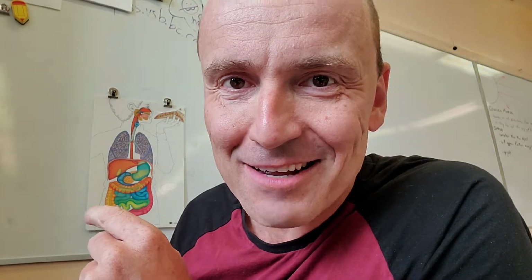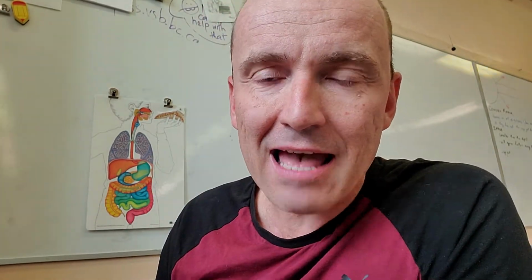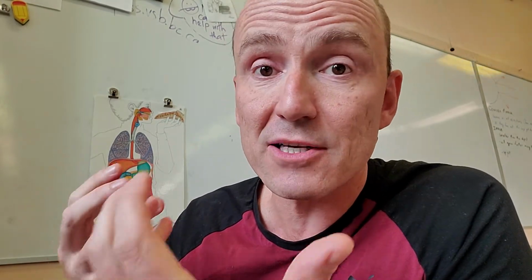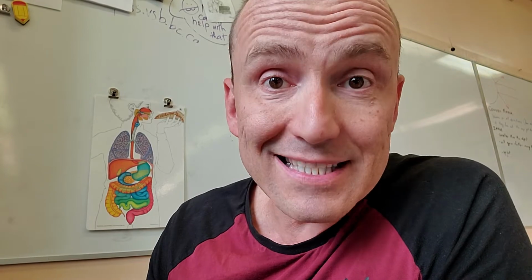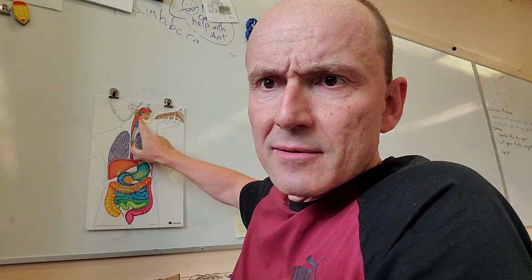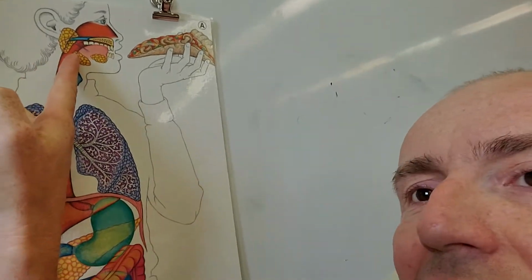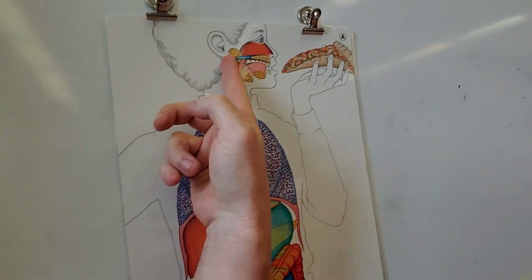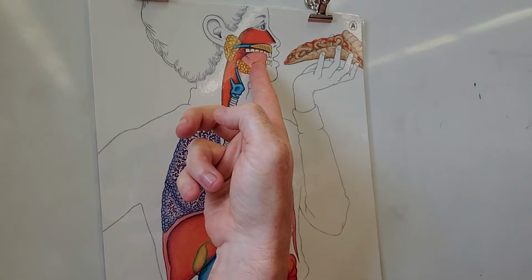Of an enzyme called salivary amylase, and both of these are secreted by special cells, special glands, called salivary glands. Salivary glands, you can see them here. These are salivary glands.